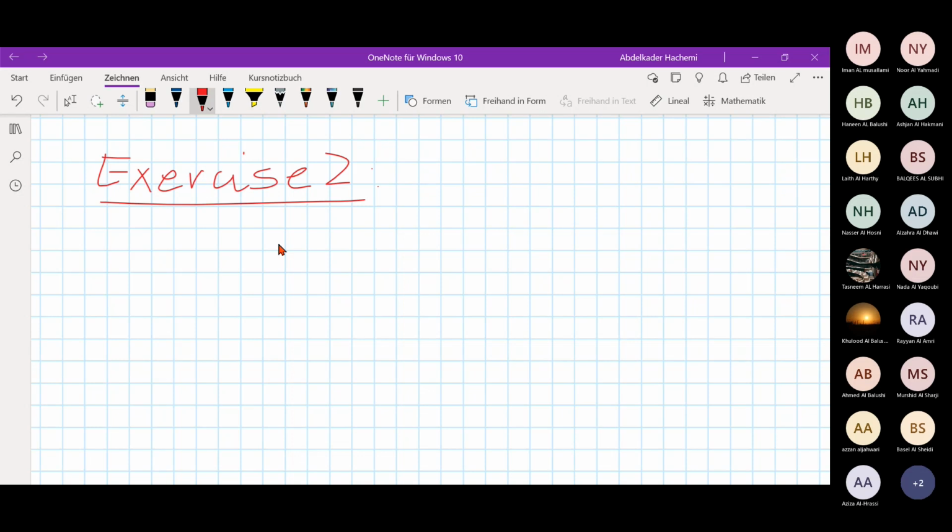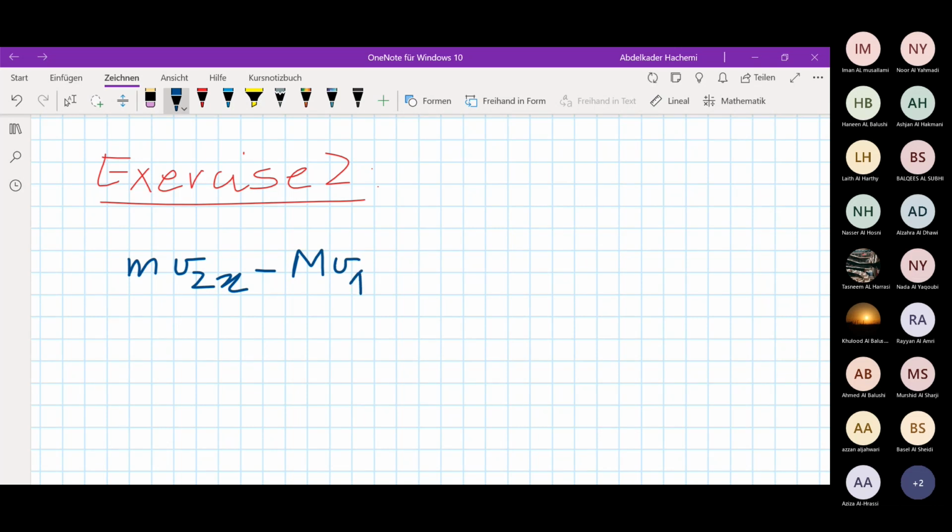We have here the momentum: the mass multiplied by V2 in x direction, minus m multiplied by V1.